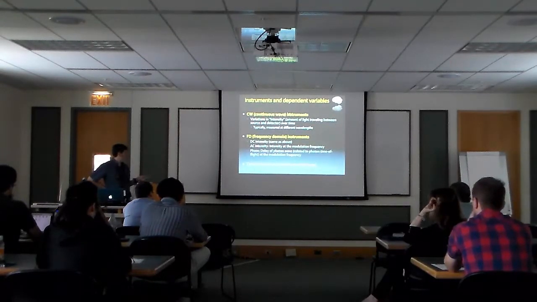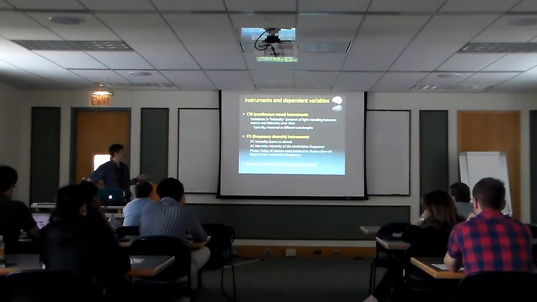And what we can measure with this is just the variations in the amount of light traveling between a source and a detector, something which we call intensity. And we can measure these variations over time. We can use different wavelengths of the light sources that we are using. The light sources are oftentimes laser diodes with some type of wavelength.